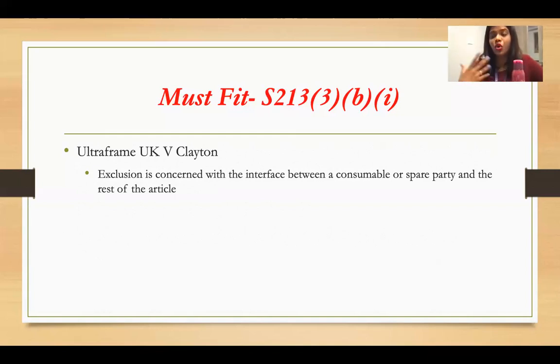And if you have to go back to the same company and buy the spare part, do you think the spare part owner can monopolize the market? Whatever price he puts, that is what you have to buy. This is where IP is always very worried about manufacturers trying to monopolize the market.